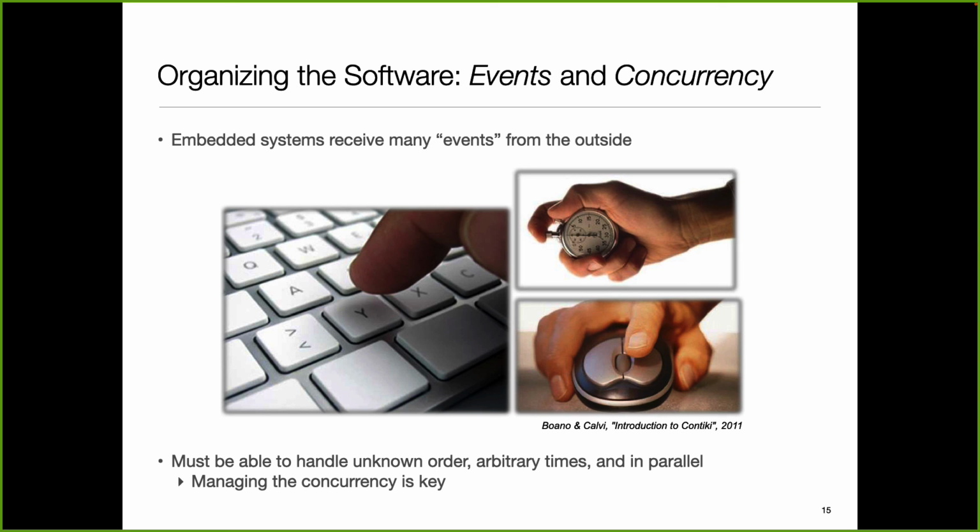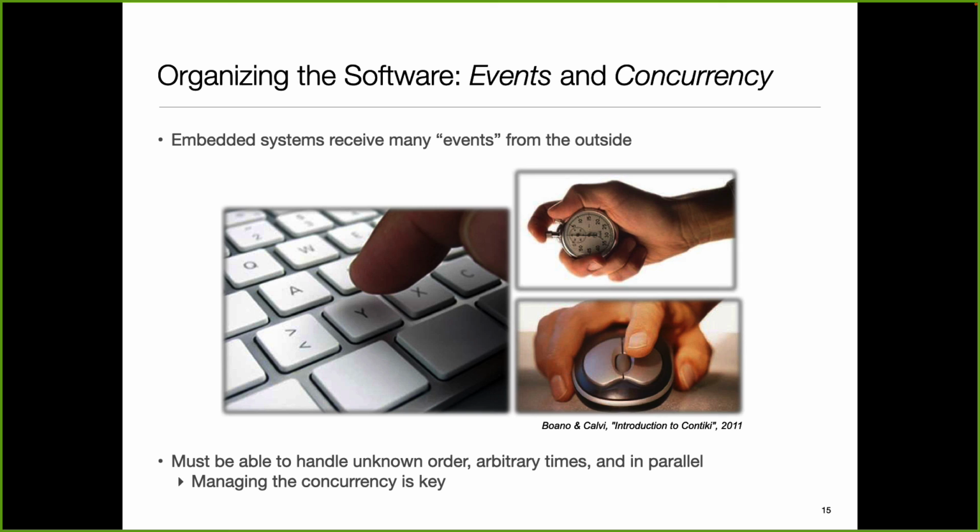If the world was totally prescribed and we knew when something will happen, then life would be very easy. So events are these asynchronous things which are happening, which may require some processing when the event happens. And the other thing is concurrency, that is, things happen simultaneously. These events may happen in some order which we don't know, and they may happen simultaneously, and I may have to deal with them.